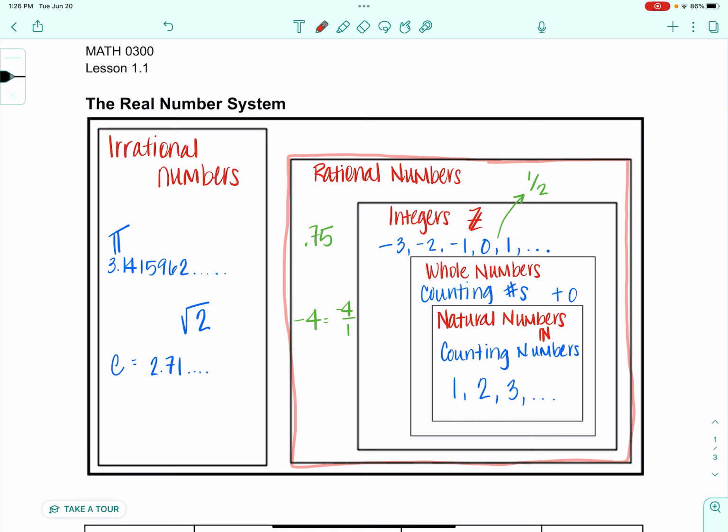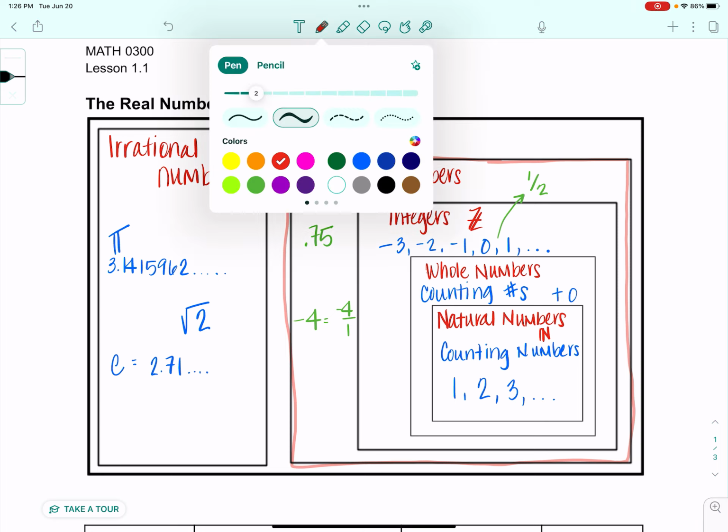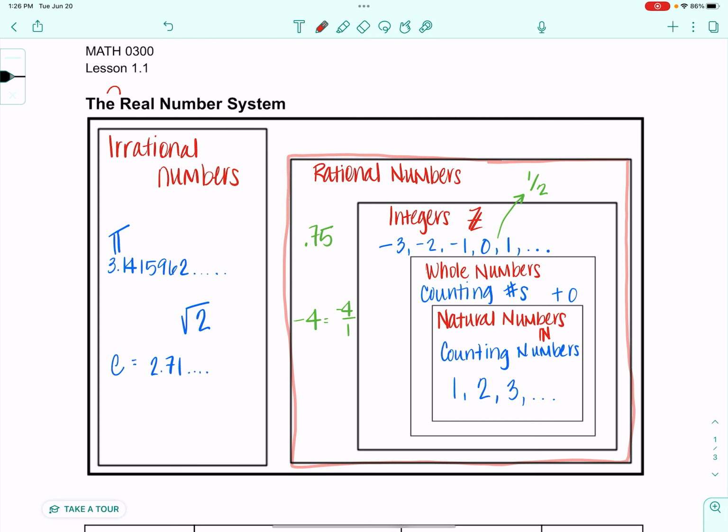And together, this set of irrational numbers plus the set of rational numbers creates this real number system. And the real numbers are all of the numbers you know.